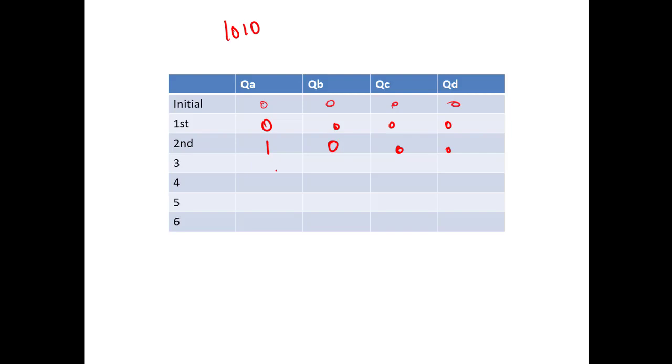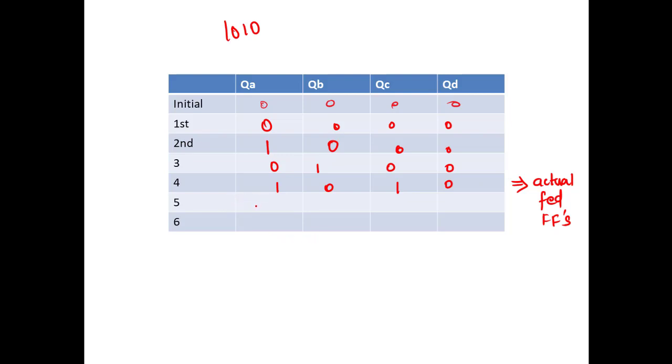During your third clock pulse, 0 1 0 0, fourth clock pulse it is 1 0 1 0. This is the actual data that is now fed in the flip-flops. Now your input is all fed with 1 0 1 0. That is how you need to imagine.